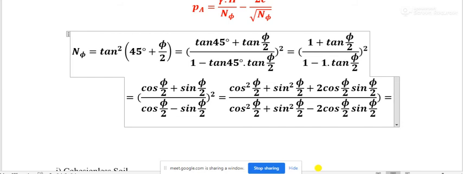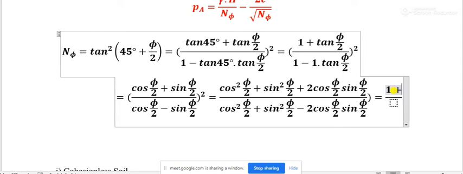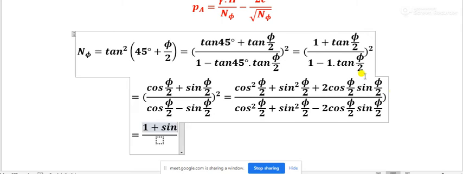Now from this you can have cos square phi by 2 plus sin square phi by 2 equals to 1 plus sin phi divided by 1 minus sin phi, because 2 cos phi by 2 sin phi by 2 equals to sin 2 of phi by 2, that is sin phi.